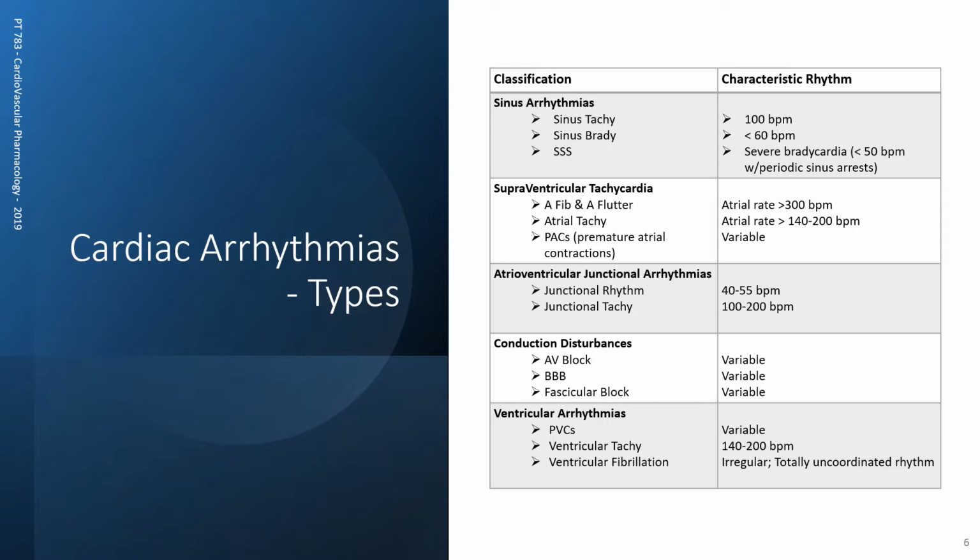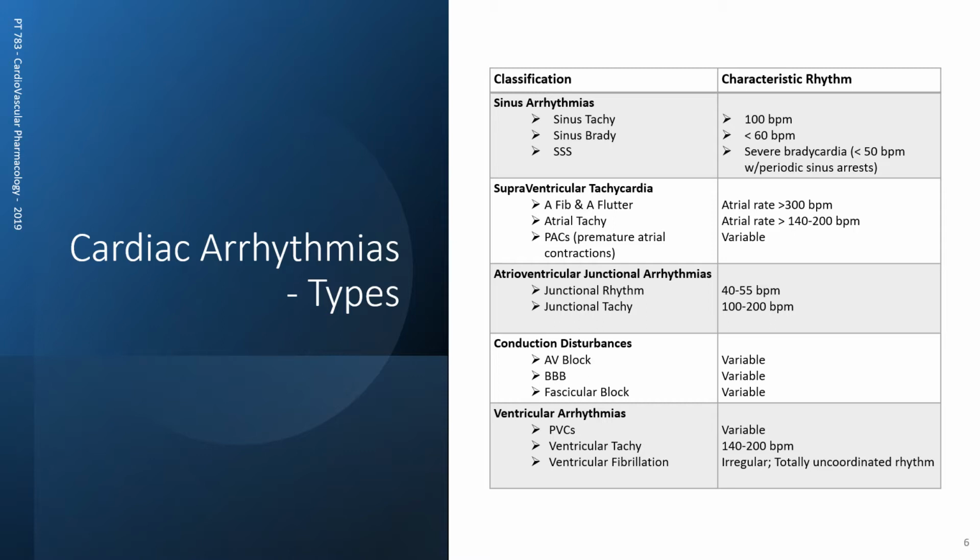Junctional rhythms reflect the rhythm where the signal originates from the atrioventricular node instead of the sinus node. Conduction disturbances are impairments of signal transmission through the atrioventricular electrical tissue. These constitute atrioventricular blocks, bundle branch blocks, fascicular blocks, among others.